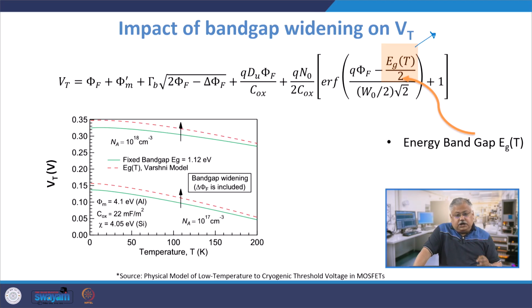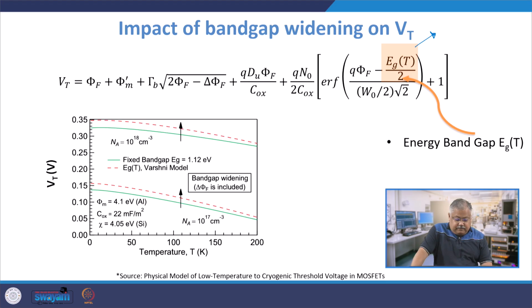However, when you take the Varshni model and there is a band gap change, you see that the difference between the green and the dotted red becomes larger at lower temperature, right? And that is primarily because of the band gap widening and its influence on the threshold voltage of the device. So, the band gap widens, and therefore it makes my threshold voltage relatively go higher with respect to the fixed band gap criteria.